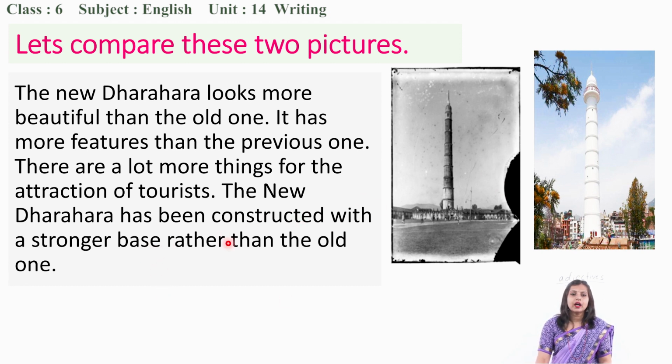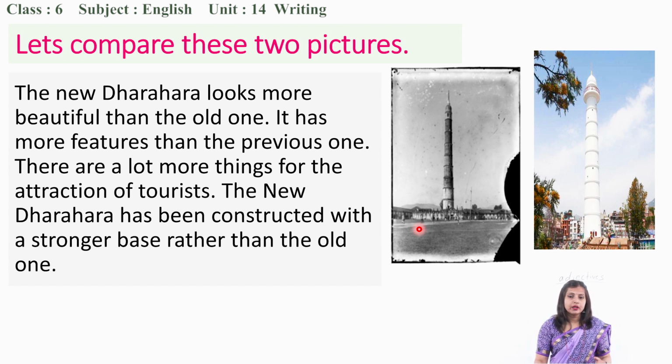The new Dharara has been constructed with a stronger base than the old one. Perhaps the old Dharara did not have a strong base, because of which it got destroyed in the earthquake.